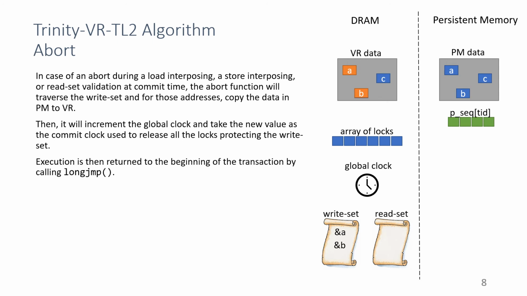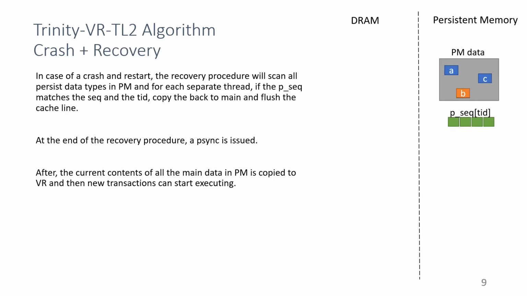In the abort, remember, all the operations have been done solely on DRAM, so we can simply revert those using the typical TL2 approach and restart execution by calling a long jump. In case of a system crash, we execute the Trinity recovery protocol, reverting the last transaction if it's not committed, and then we copy the entire PM data into the volatile region, and we can start executing transactions from that point on.